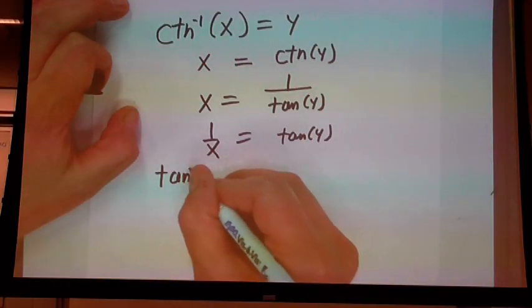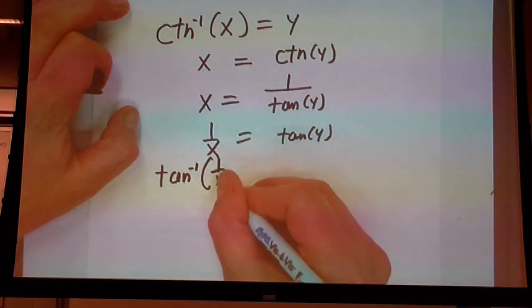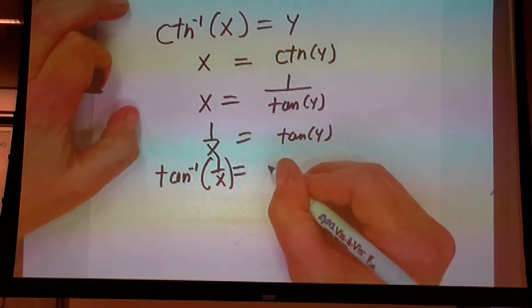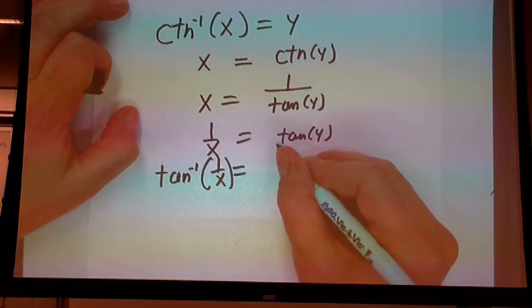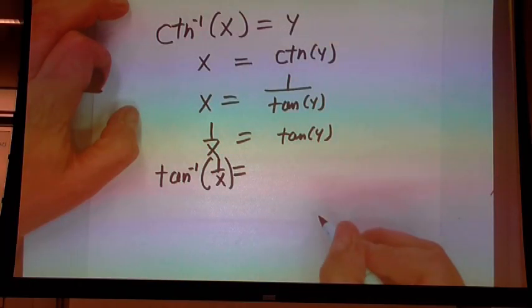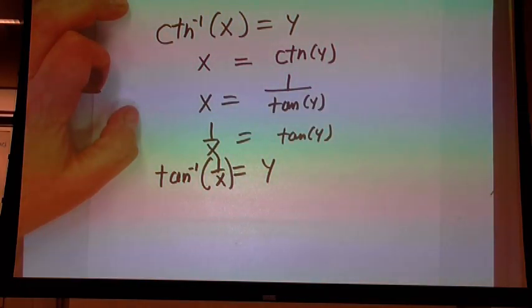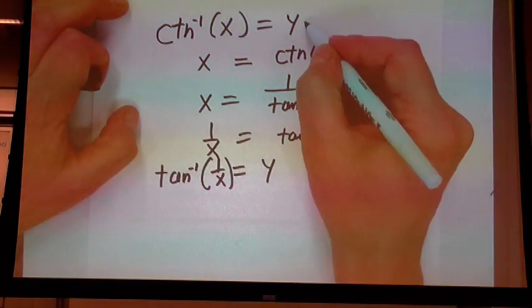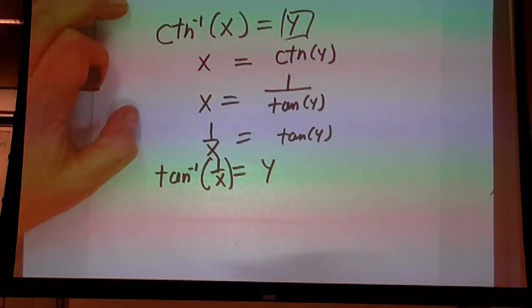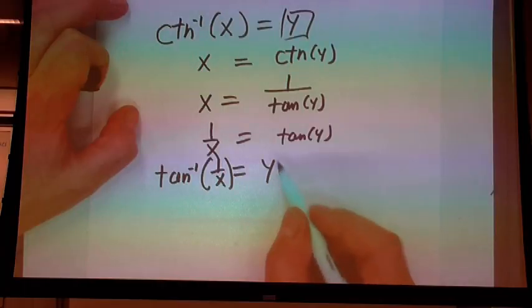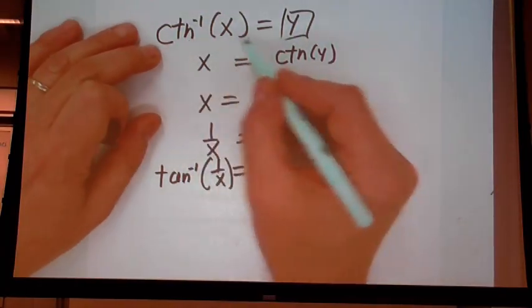So, tangent inverse of 1 over x equals... what do I get when I do the inverse tangent of the tangent of y? Y. But y is what I'm trying to find, right? Now I know how to find y. I want to find the inverse cotangent of x.